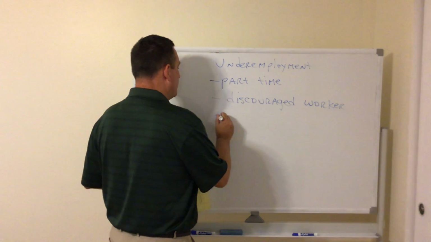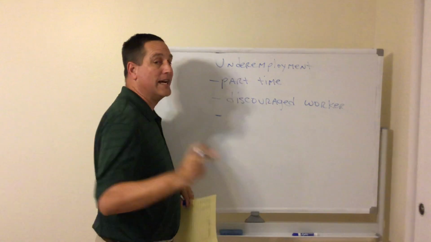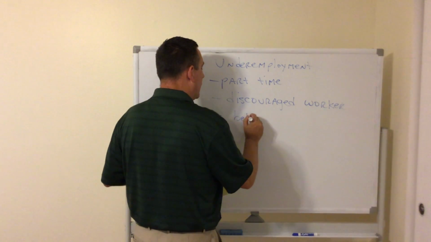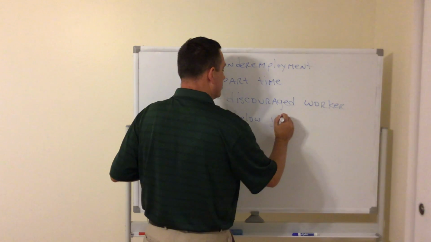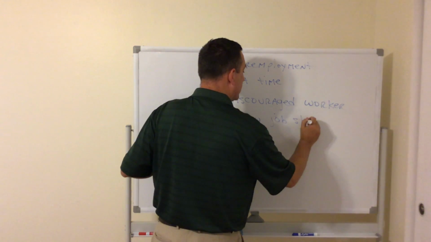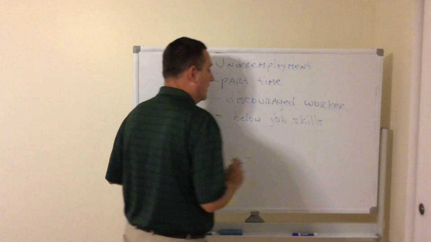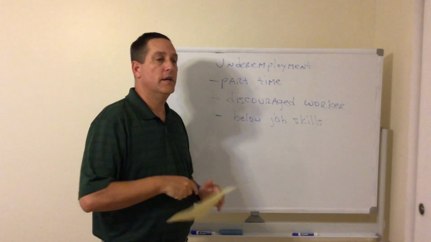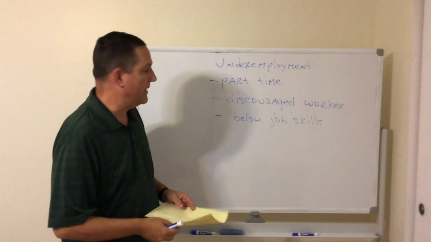And then the last group of underemployed, actually not in the book, is the worker that is working below their job skills. For example, I get laid off as a teacher because of the pandemic.